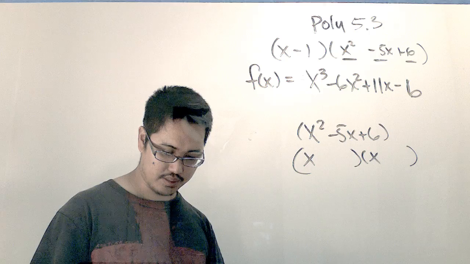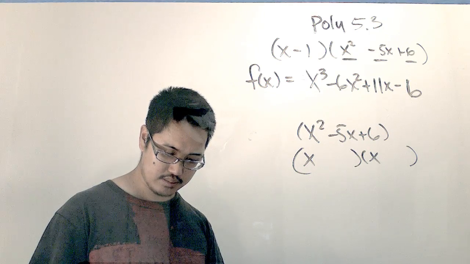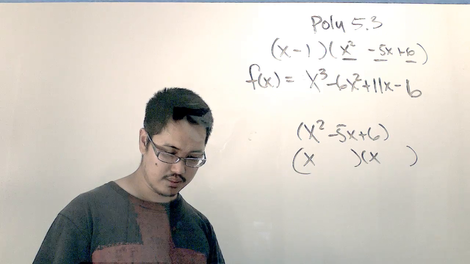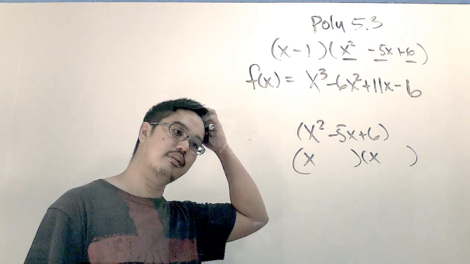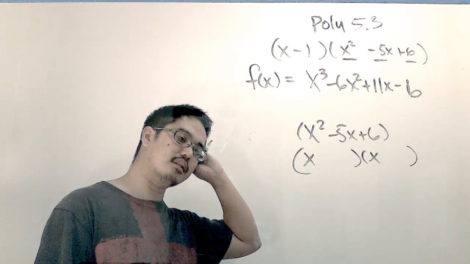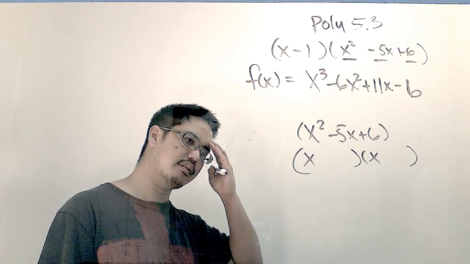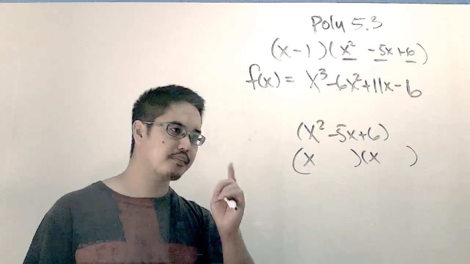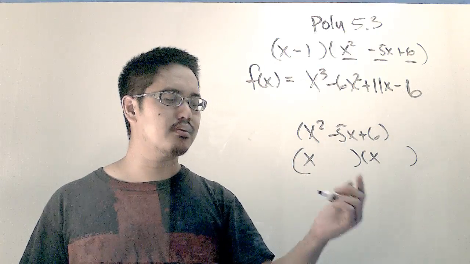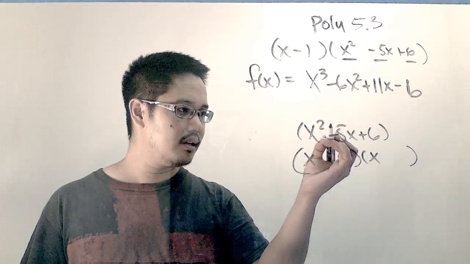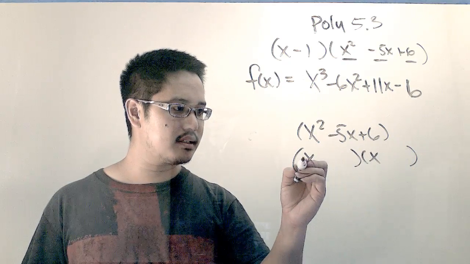Let's see, that's positive 6. I guess my question is, am I drawing a blank? Am I brain farting here? What times what? Oh, I did this totally wrong on my paper. Anyway, I'm sorry.